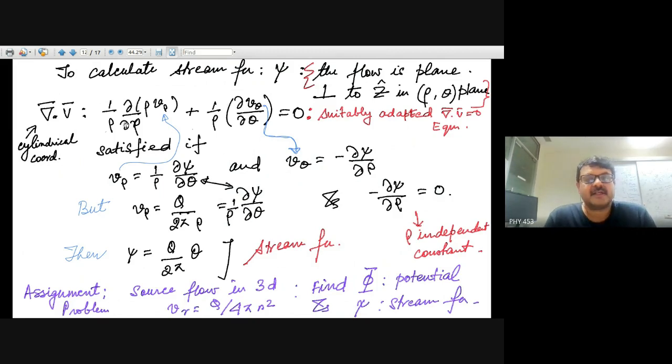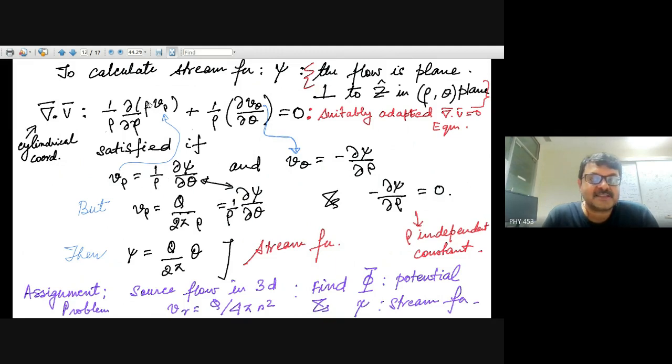So there you had to write down the divergence expression in cylindrical coordinates, which is this, right? V rho and V theta. And this will be identically equal to 0 if you choose V rho to be 1 by rho del psi del theta.